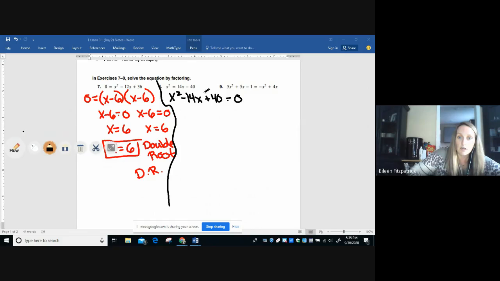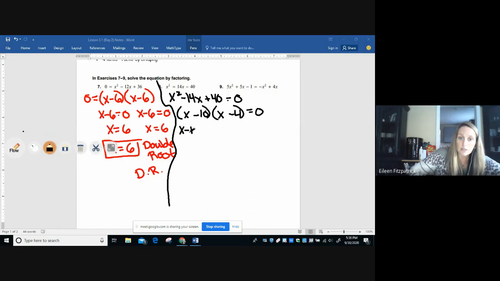There is none. You count the number of terms, 1, 2, 3. We factor by guess and check, or reverse FOIL. So I'm trying to think of two numbers that multiply to 40 and add to a negative 14. If I have a 10 and a 4, and they're both negative, that'll multiply to a positive 40 and add to a negative 14.